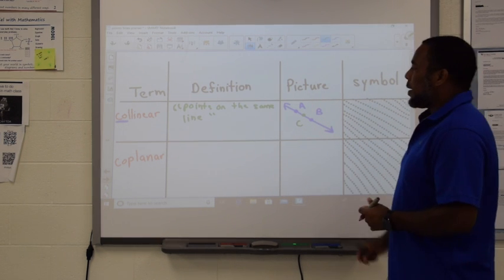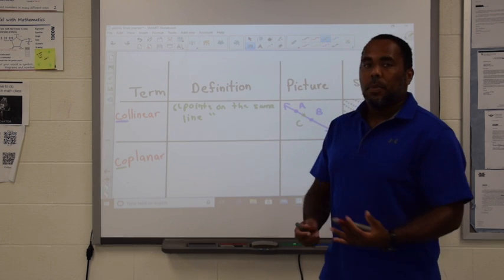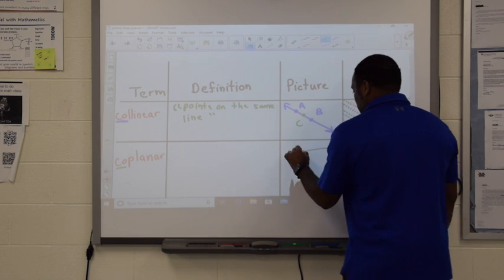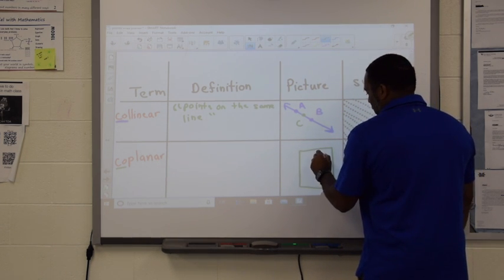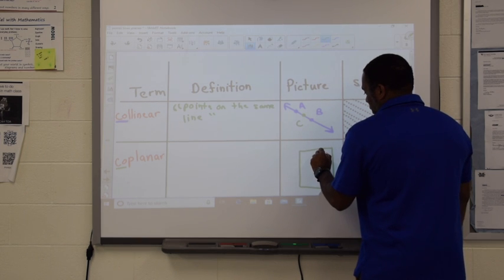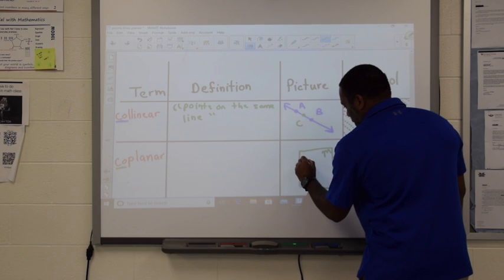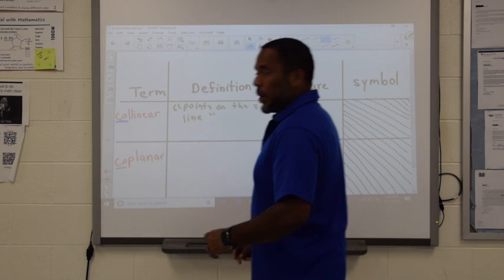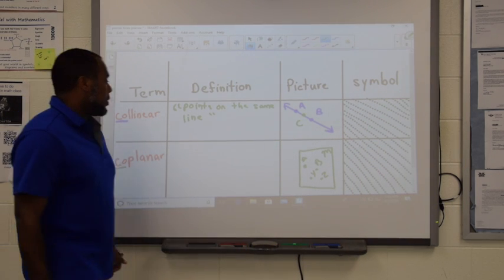You could also have coplanar, points on the same plane. So if you have a plane M, you could have points A, B, Y, Z. Each of these points would be coplanar, points on the same plane.